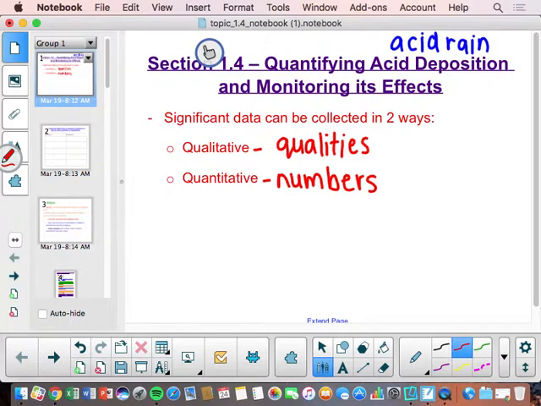Does that make sense? So in your life, you always explain things either qualitatively or quantitatively. Me, I'm a science math person. I always like quantitative data, like numbers. They make sense to me. Someone who's more of an English social person likes to explain things, likes to use words to explain things.